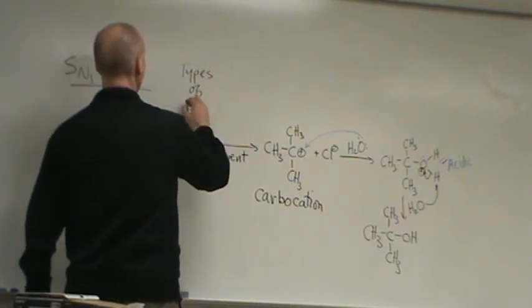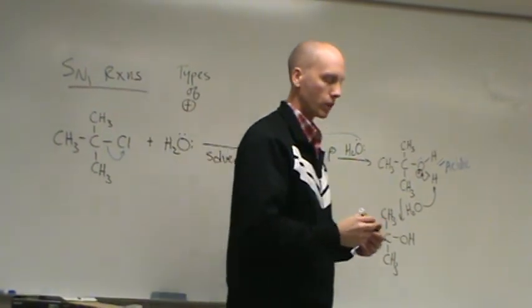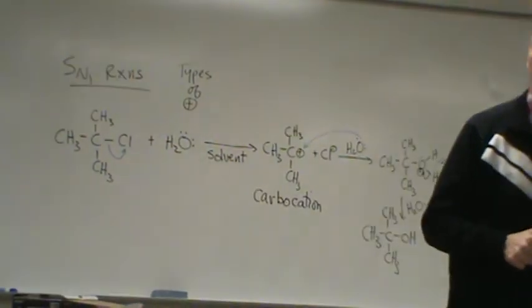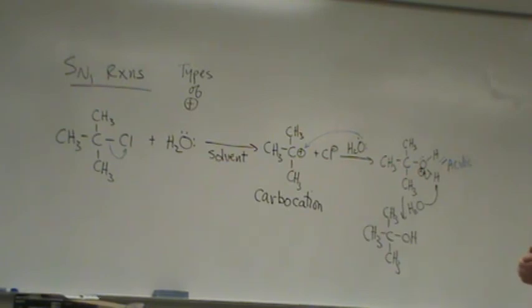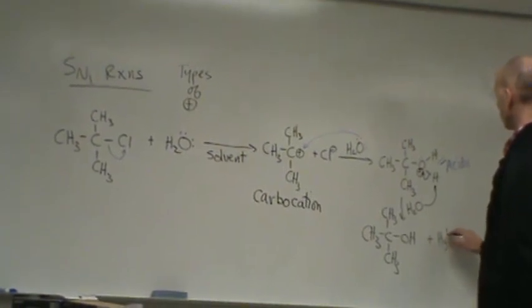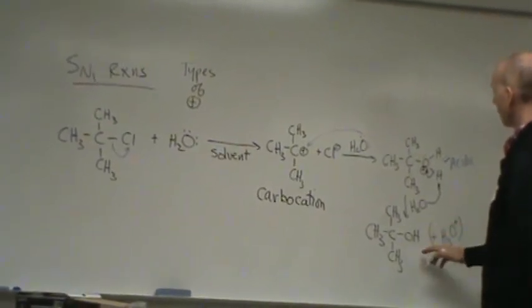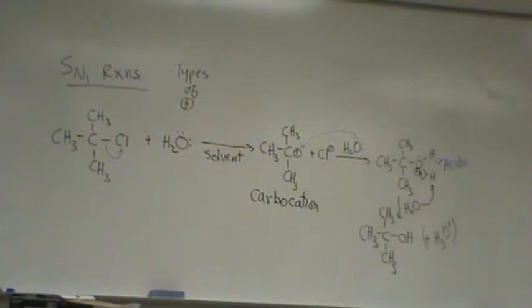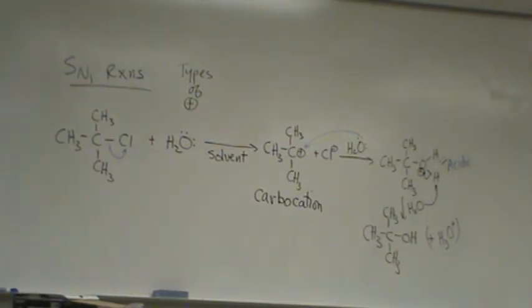Excuse me, Dr. Wilkin. Question? Along with this alcohol, there's an H3O+ polyatomic ion, because the water took that other hydrogen. Yeah, that's just a side product. So we can write that on the side. I'm just concerned about the main product. Does that not combine with chlorine to make hydrochloric acid?